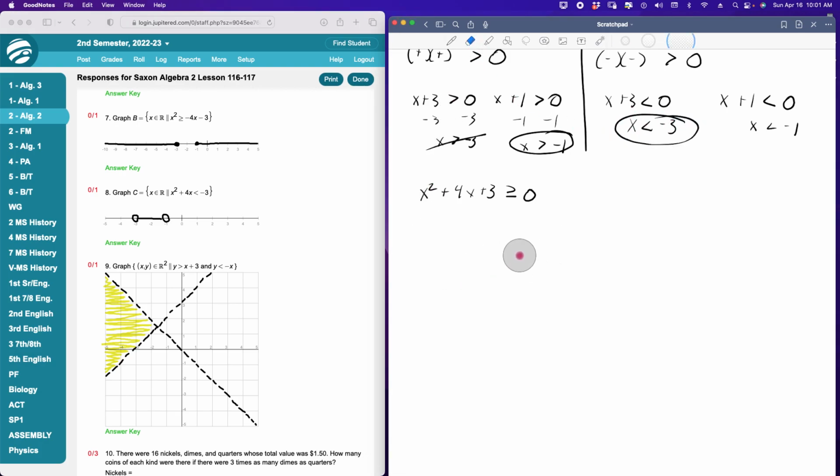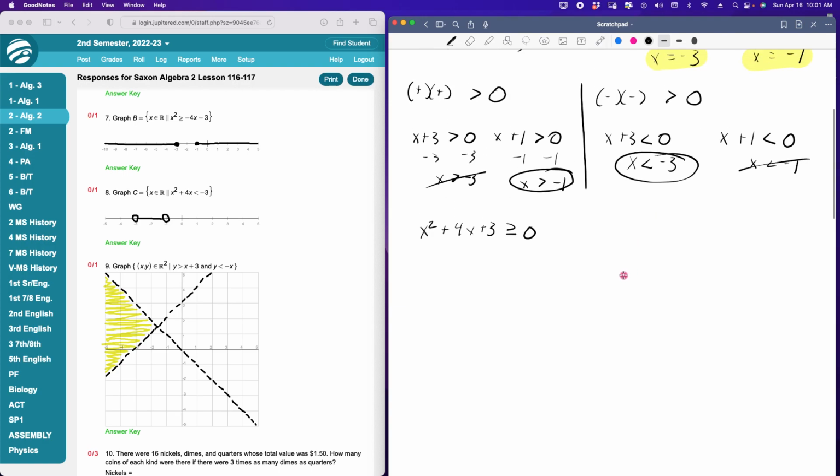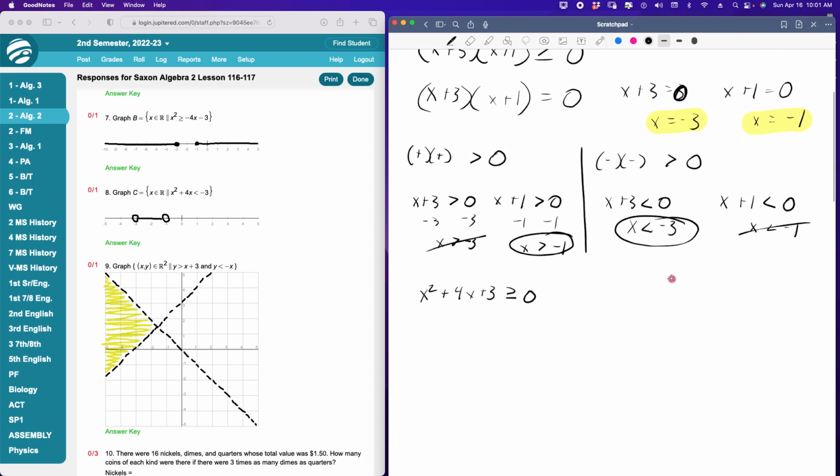So let's do the last one to make sure. x is less than negative 1. Less than negative 1 would be negative 2. Well, we already tested negative 2 over here with x is greater than negative 3, and it wasn't true. So that one's not true either. So what we put here is x is greater than or equal to negative 1, because we combined this one and this one.